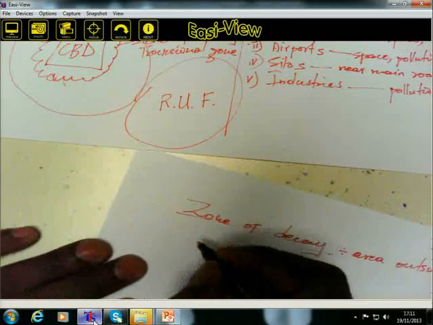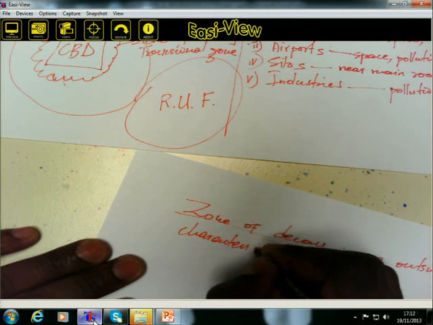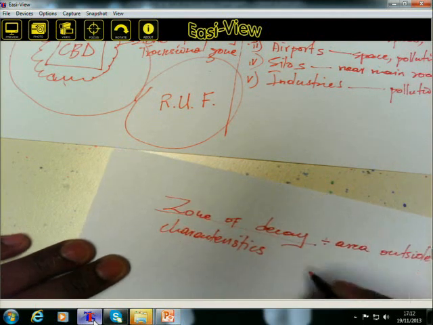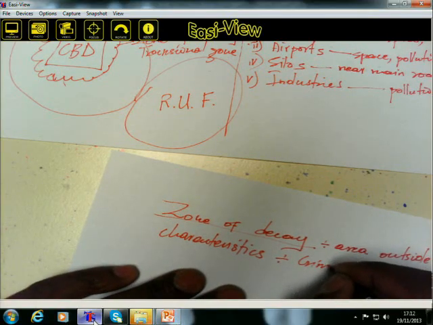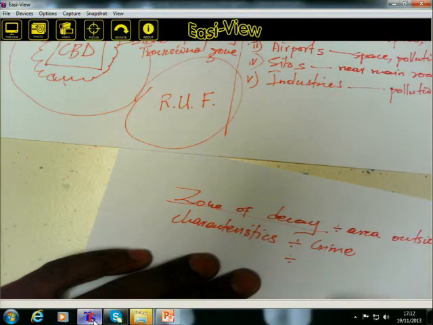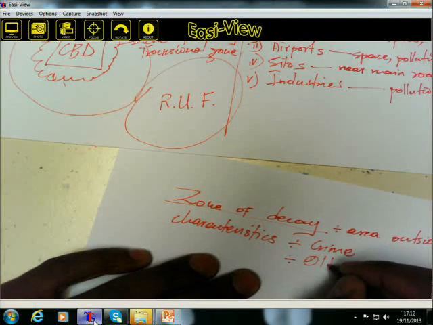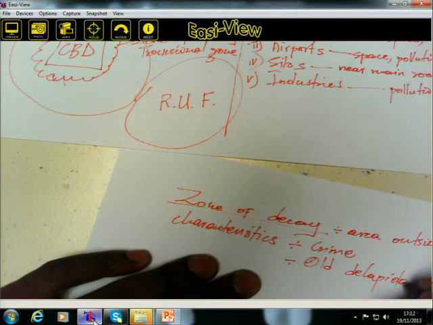What are the characteristics in the transitional zone? Number one, it is associated with more crime. What is the state of their buildings? They've got old, dilapidated buildings.